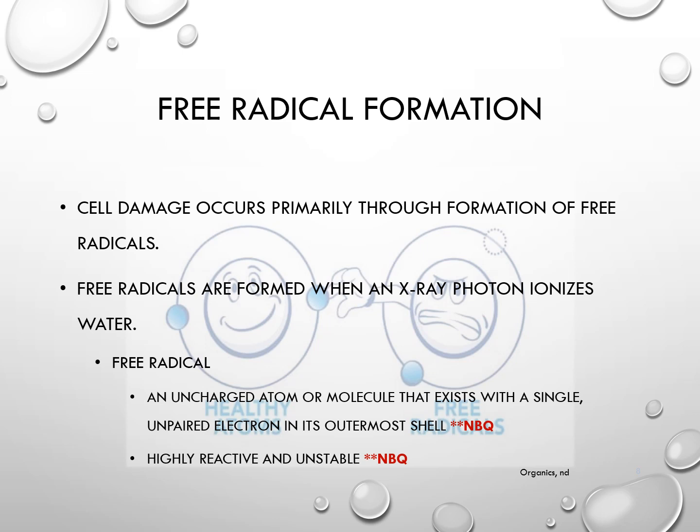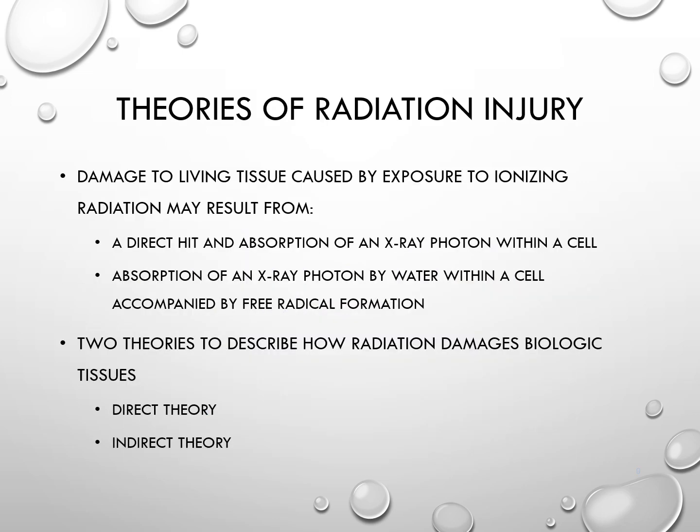biological damage truly occurs. So the damage to the living tissues, which is caused by exposure to ionizing radiation, can result when we have a direct hit and the absorption of an X-ray photon within that cell, or the absorption of an X-ray photon by water within a cell accompanied by free radical formation.